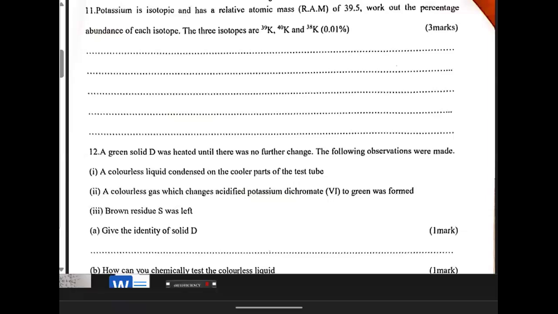That is the way to go about that question, because we are already given one. So you work out that question. Now this will be an assignment. I repeat, 39 times x, you bracket, plus 40 times (99.99 minus x), plus 38 times 0.01, all of them you divide by 100 is equal to 39.5.